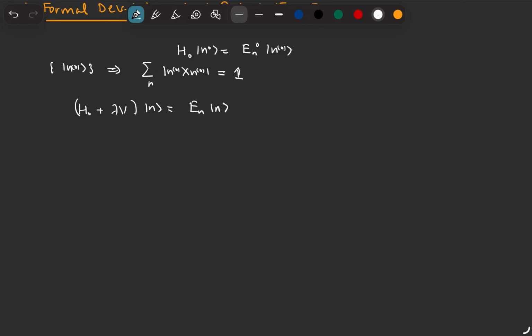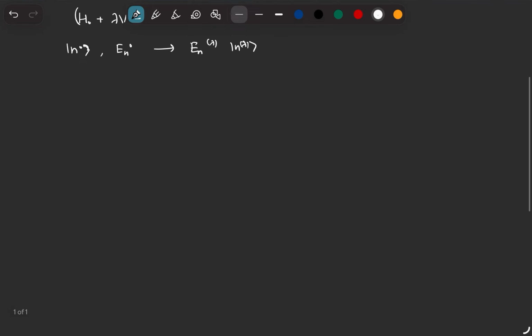The assumption here is that one can use |n0> and En0 to get En(lambda) and |n(lambda)> up to different orders, and one can find corrections, as we call them, perturbative corrections.